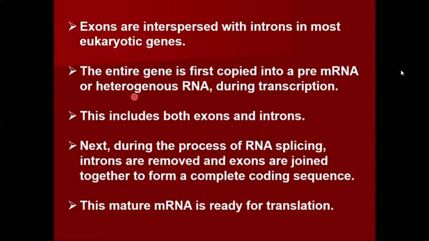HN is short for heterogeneous RNA during transcription. And what is the heterogeneity all about? The presence of exons and introns in the hnRNA. Okay? Next, during the process of RNA splicing, introns are removed.